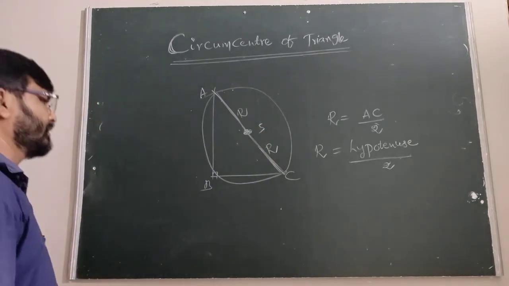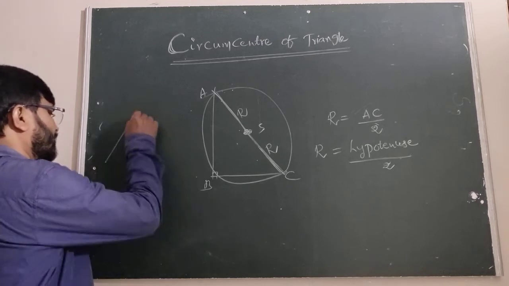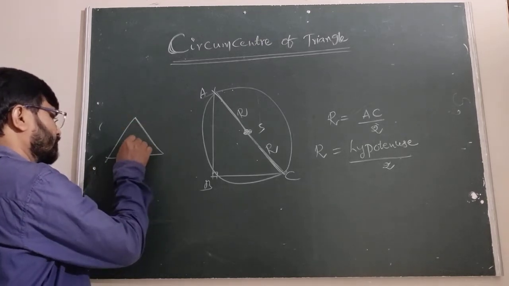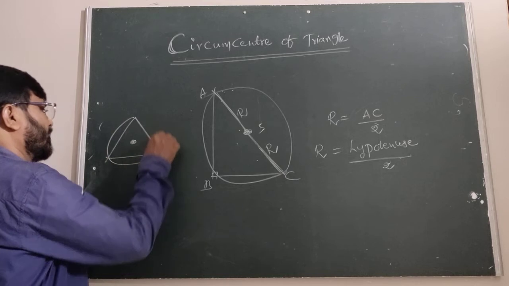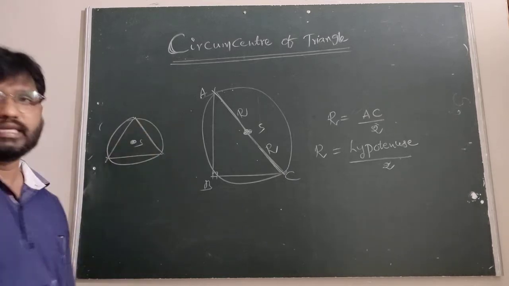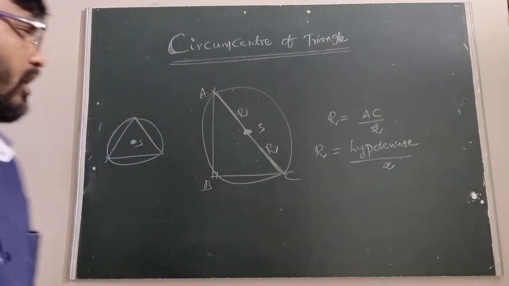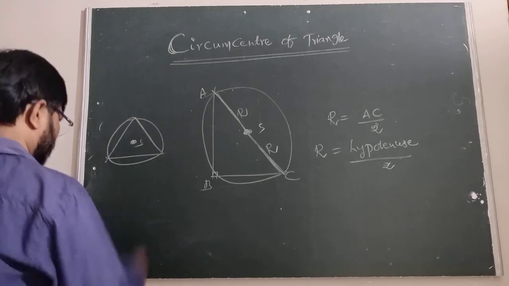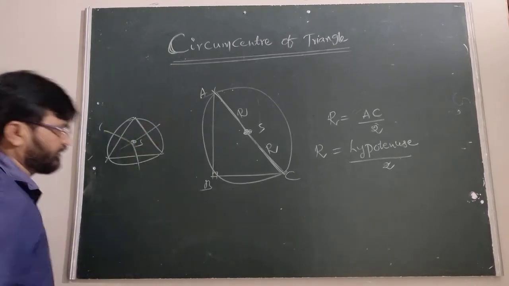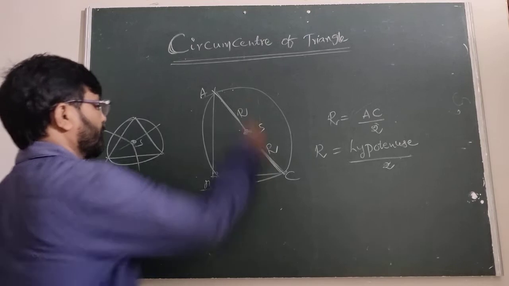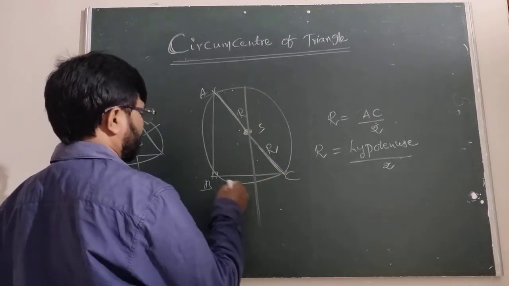Suppose we are taking the acute angle triangle, then the circumcenter is inside of the triangle. Is it clear? Inside of the triangle. Now these are the perpendicular bisectors.